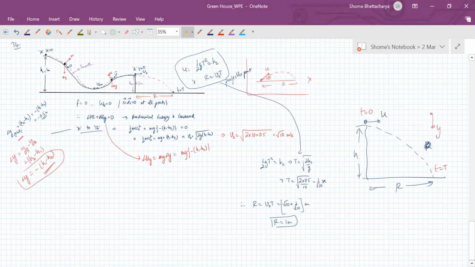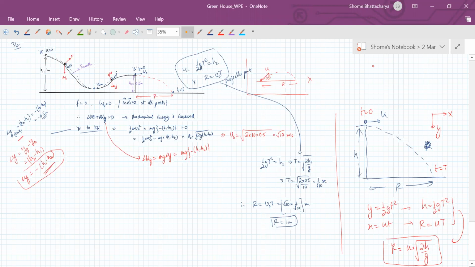If you take this as your y-axis and this as your x-axis, from this we calculate the range. Okay, very good.